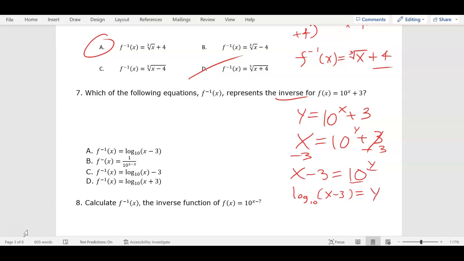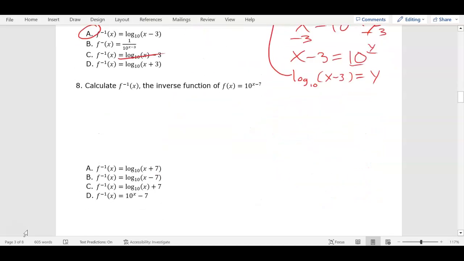So now I have y by itself, so I can rewrite this as an inverse. F inverse x equals log base 10 of x minus 3. Cool. So notice the difference between that and C, which has a minus 3 randomly after it.